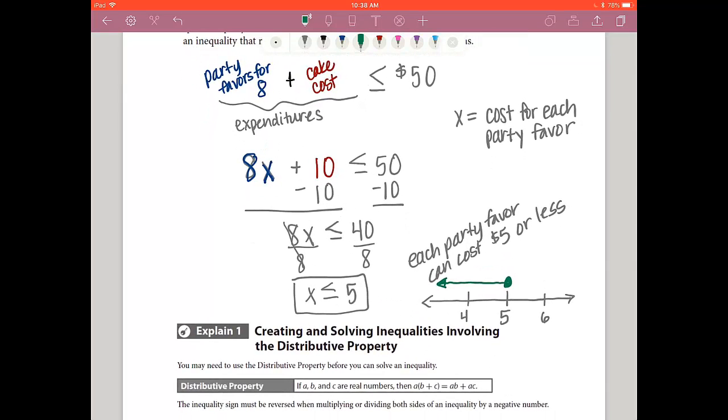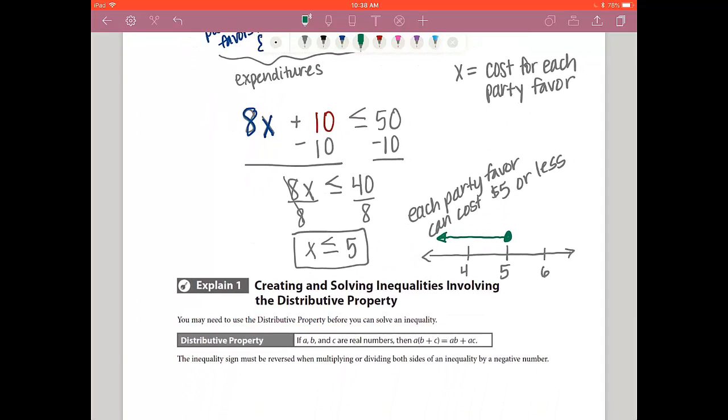So the solution graphically looks like this green solution set. As an inequality, x is less than or equal to 5.